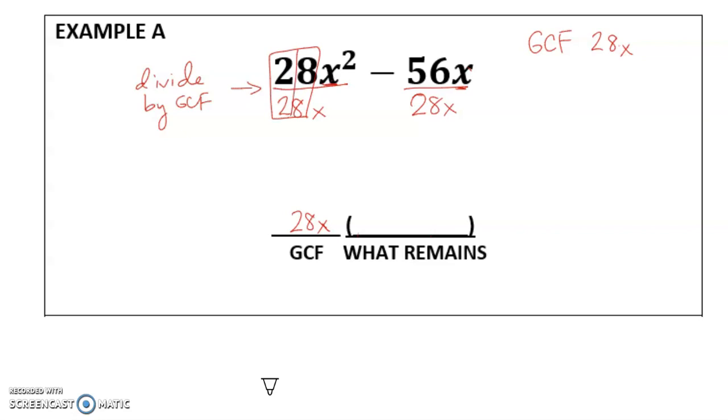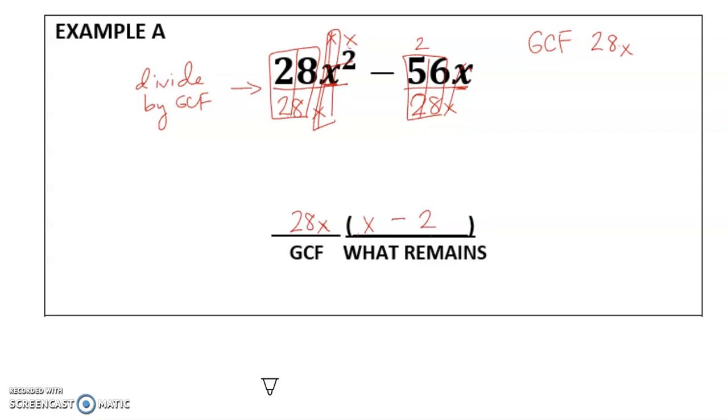X squared divided by x, well, x squared is just x times x. So x divided by x is 1. So look, I'm left with 1x for that first term. And then I have negative 56x divided by 28. Well, this is going to be 2. And then x divided by x is 1. So this is going to be minus 2.